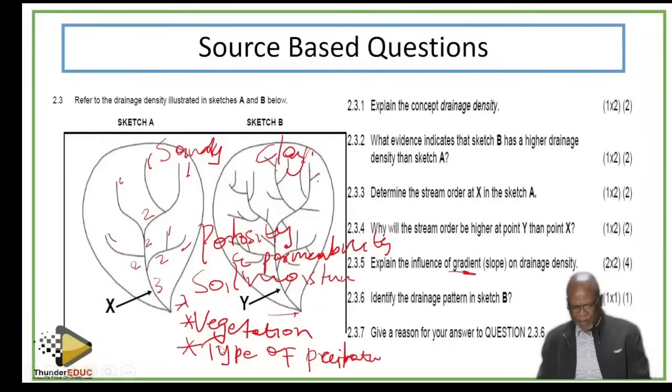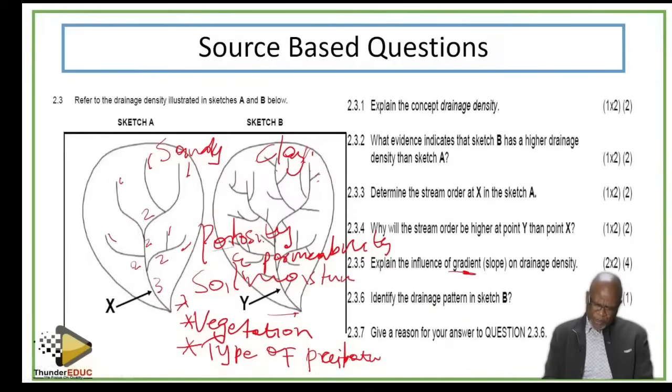So those are some of the factors that are going to influence drainage density. Porosity and permeability will also influence drainage density. At A, the surface is highly porous and highly permeable, resulting in more infiltration and less runoff. But at B, the clay soil has less porosity, and therefore it is less permeable.